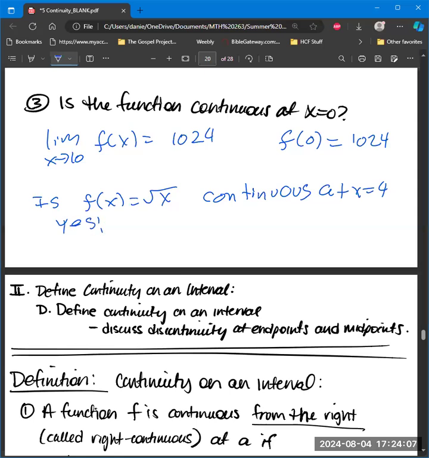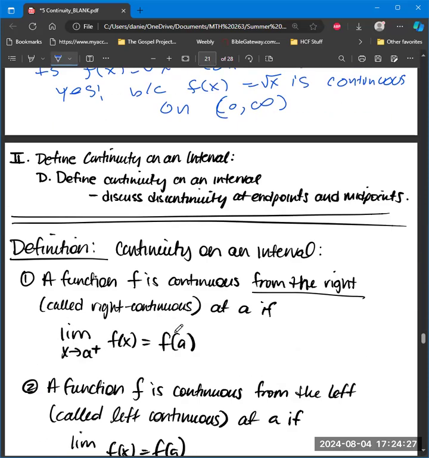Yes, it is, because f of x equals the square root of x is continuous on the domain of 0 to infinity, on that entire interval. It's not continuous at its vertex at 0, but it's continuous everywhere else where it has behavior from the left and the right. Let's keep going here.